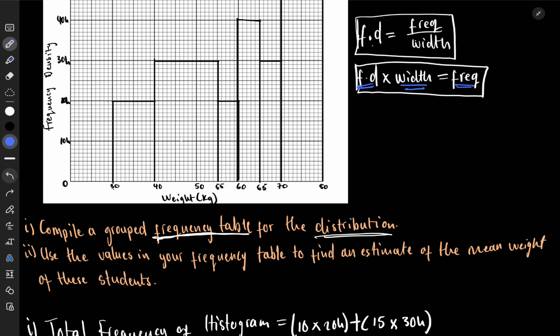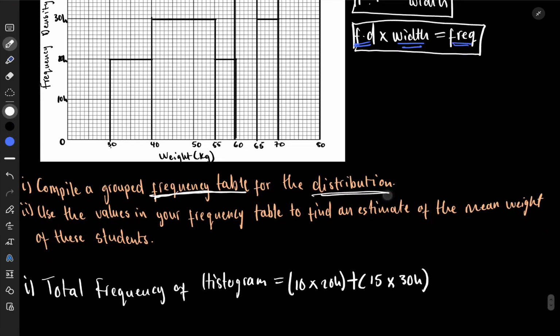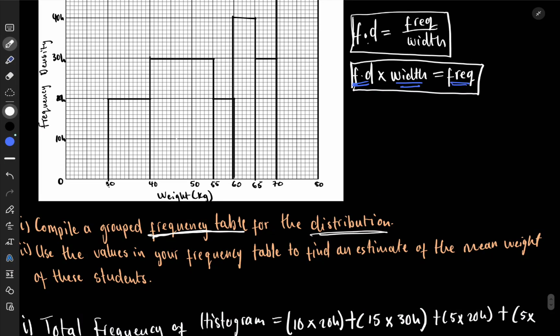Then we go to the next one. He is from 55 to 60, that is 5, right? So you say 60 minus 55, you get 5. So plus 5 times the height, 20H. Then plus the next one is 60 to 65, which is 5 again, times the height of this bar, which is 40H.